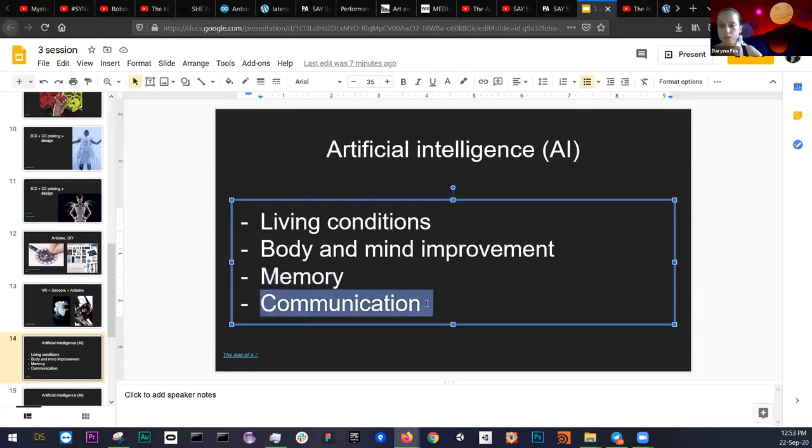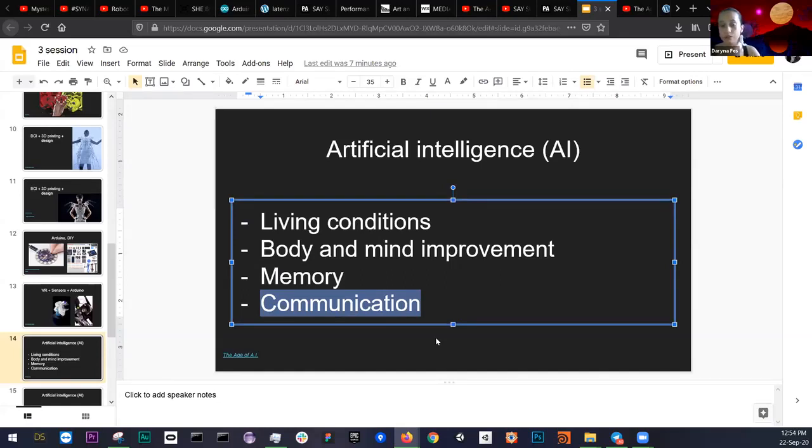And of course, artificial intelligence will change our way of communication, because even simple messaging is already not the same as speaking in real time, but artificial intelligence will add another layer, because we will now think about whether it's a real human or not, and how we perceive this non-human person.